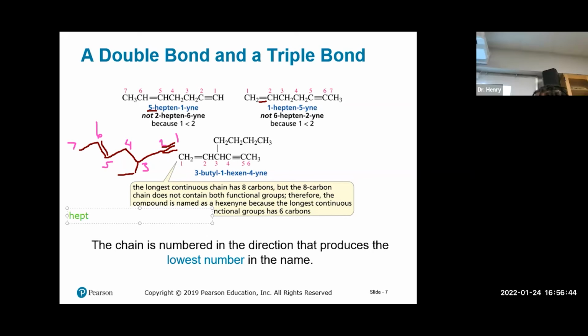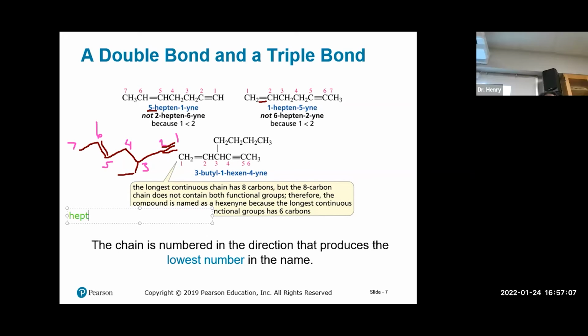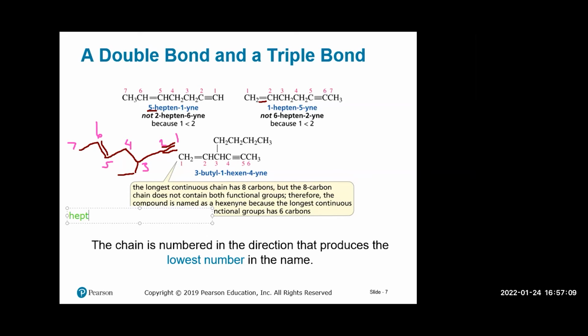Hept. Yes. So what should be in front of it? Should it be ene, yne, or hept-ene, yne, hept-one, heptol? We could do heptyn-1-ene.